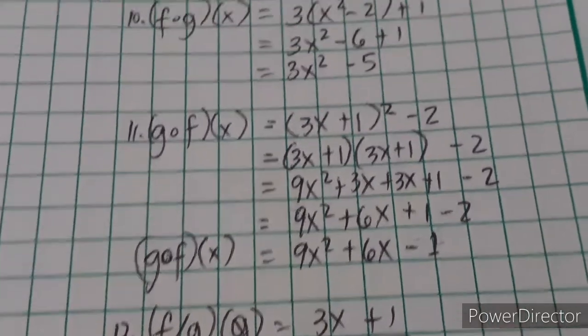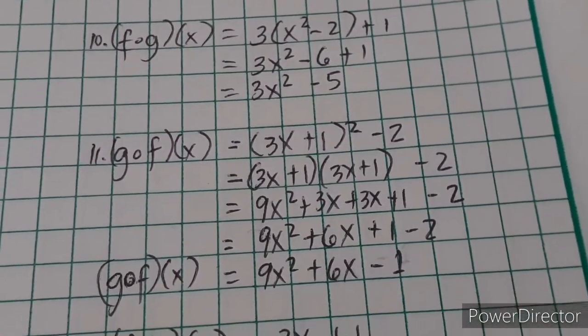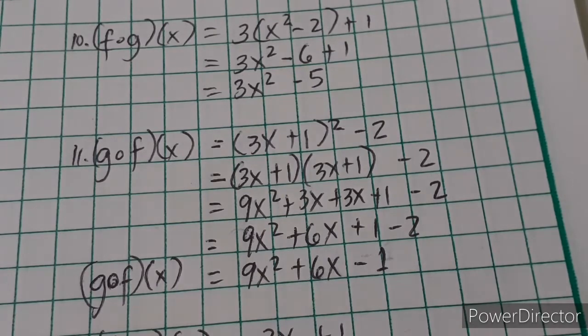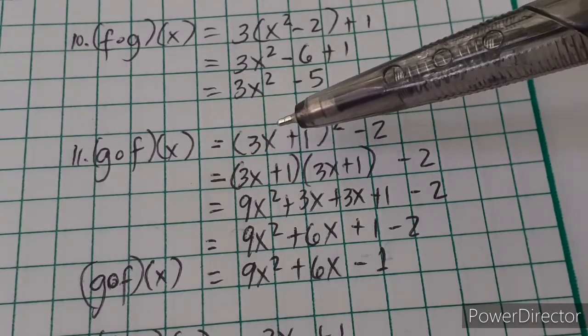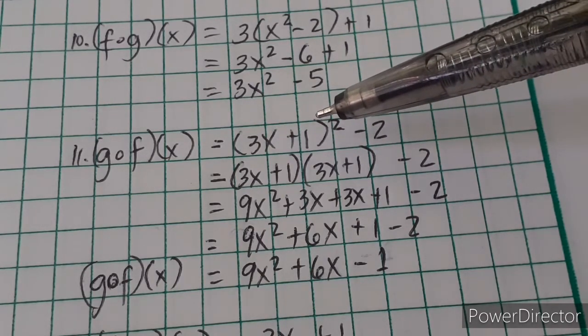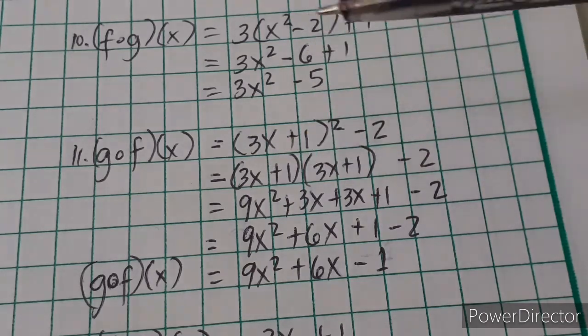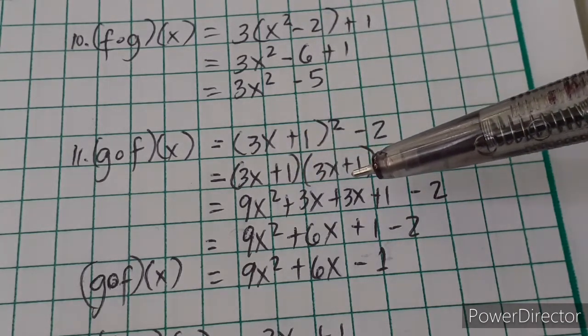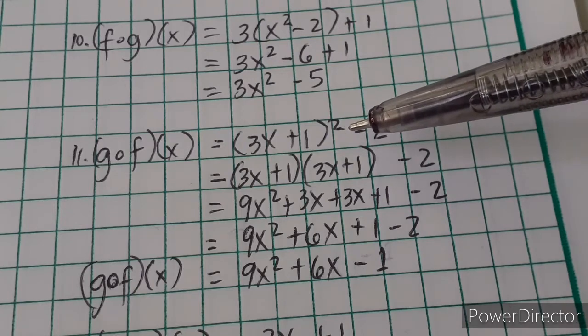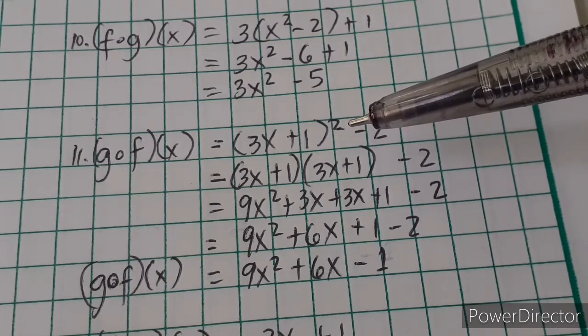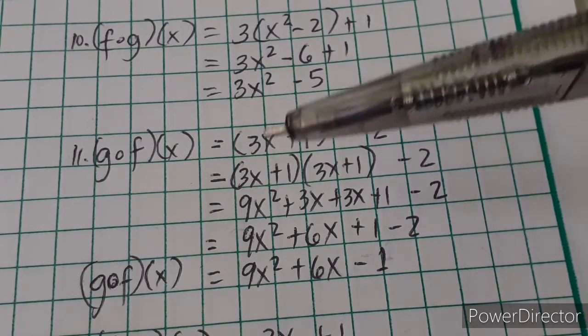But instead of writing x squared, we substitute 3x plus 1 for the x. So this becomes 3x plus 1 times 3x plus 1 because it's squared. When we square, it means we are multiplying by itself.